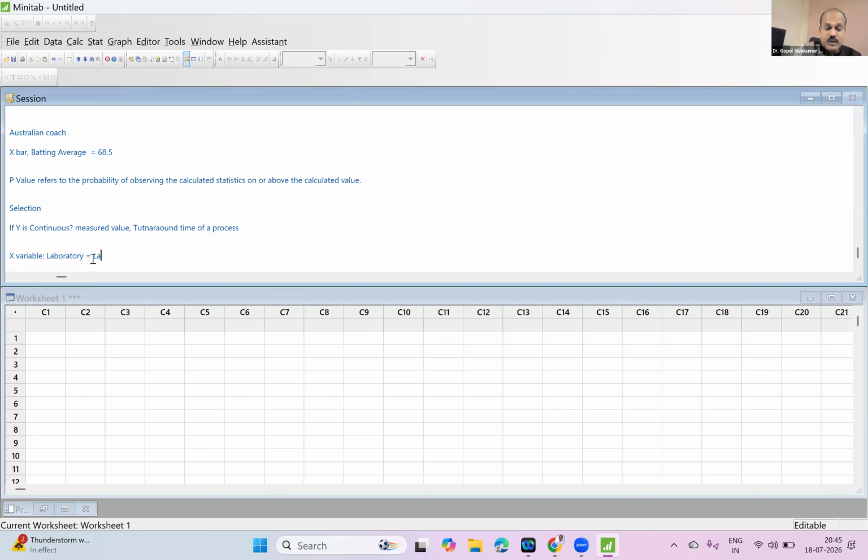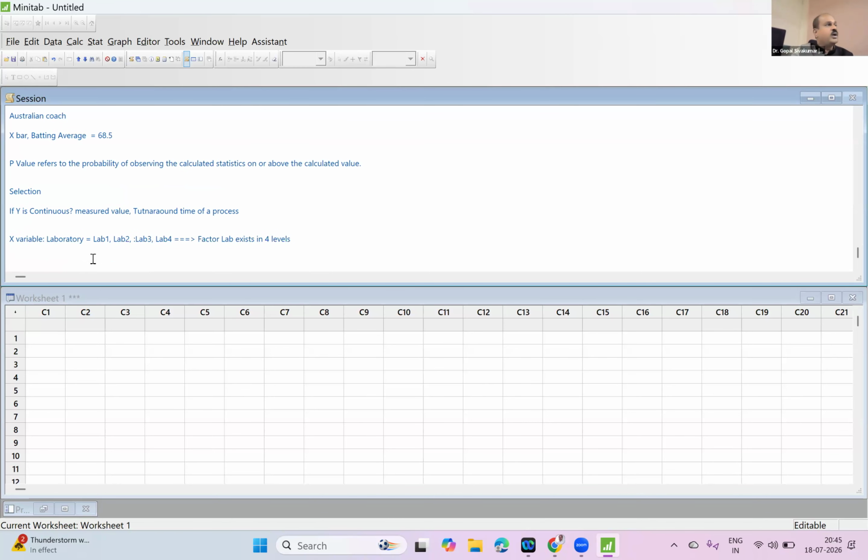And in reality, there were 4 labs: lab 1, lab 2, lab 3, lab 4. Now, the factor lab exists in 4 levels. What we really want to understand is whether the turnaround time is dependent on the lab or not, whether the turnaround time is equal across all the labs or not.